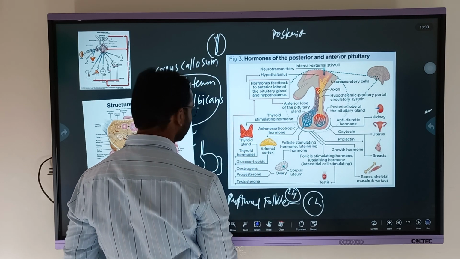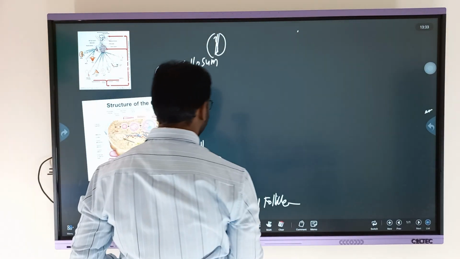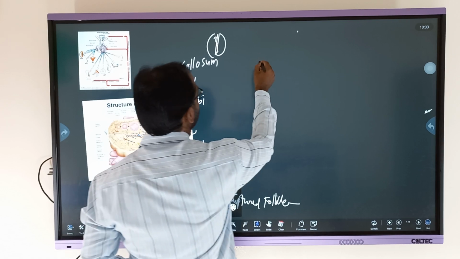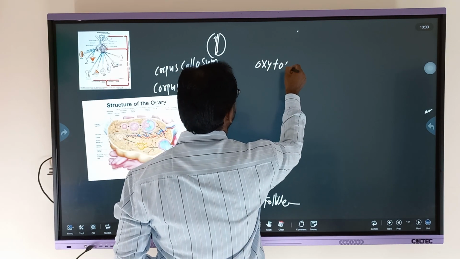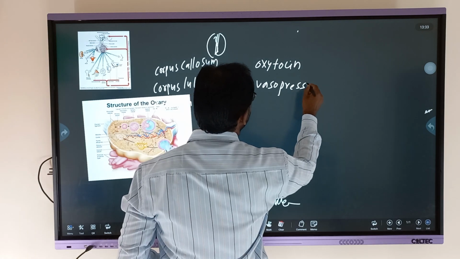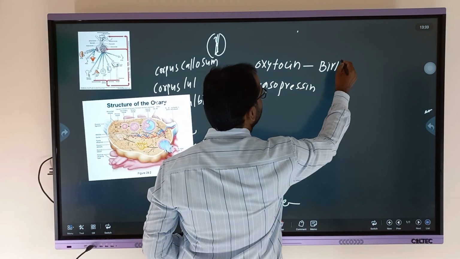Am I clear? We have two hormones: one is oxytocin and the other is vasopressin. Generally oxytocin is called the birth hormone.